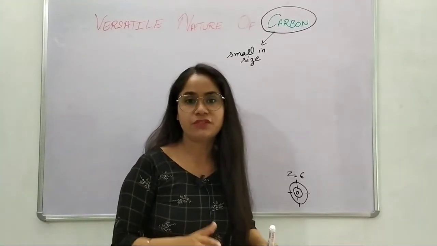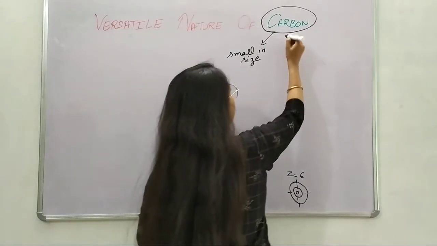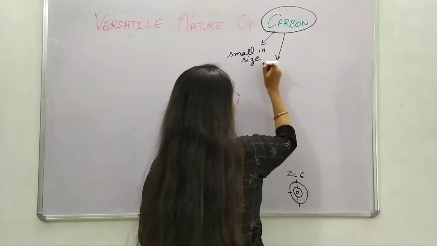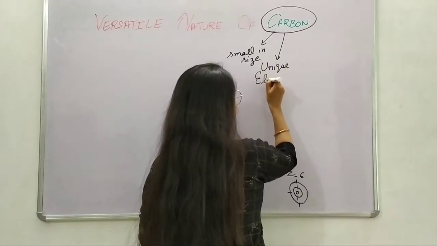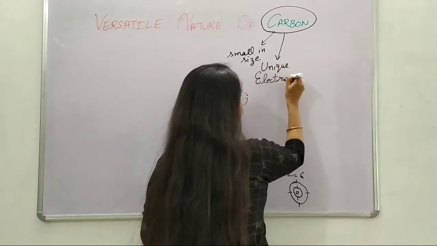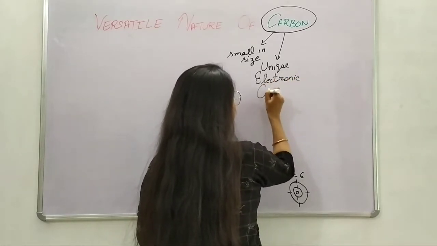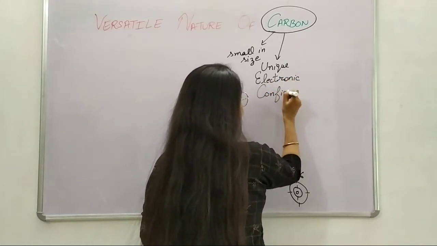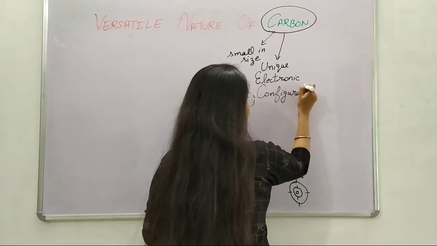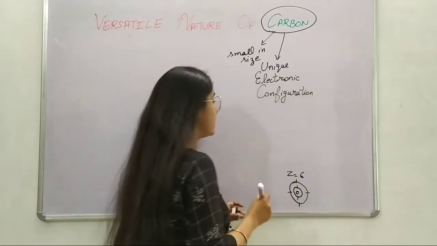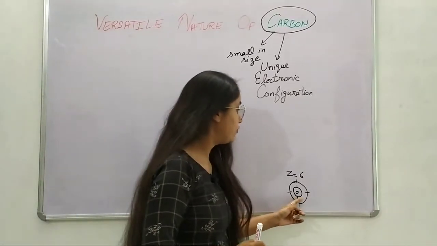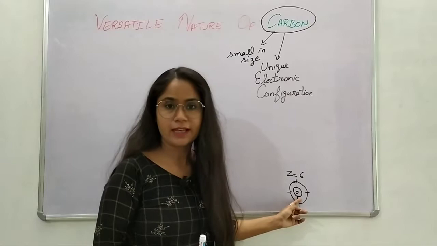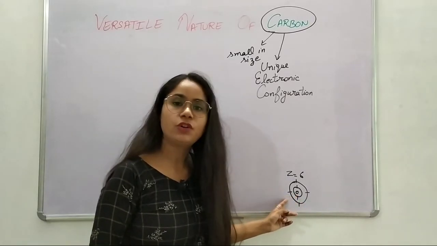Now another important fact about it is unique electronic configuration. What do we mean by unique electronic configuration? In the first shell there are 2 electrons, in the second shell there are 4 electrons.